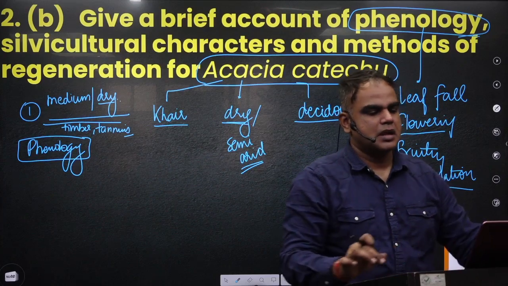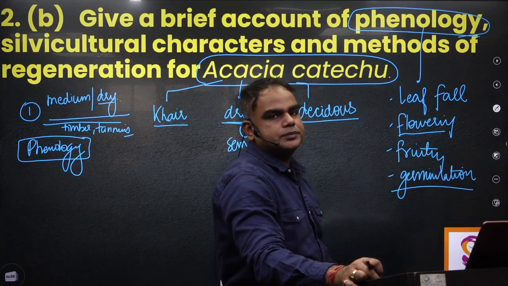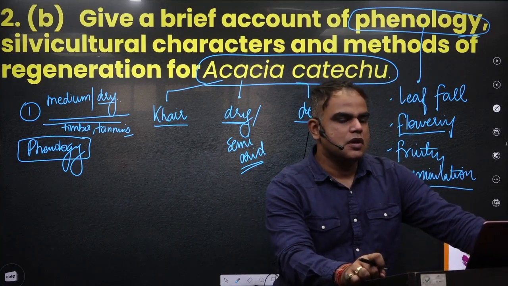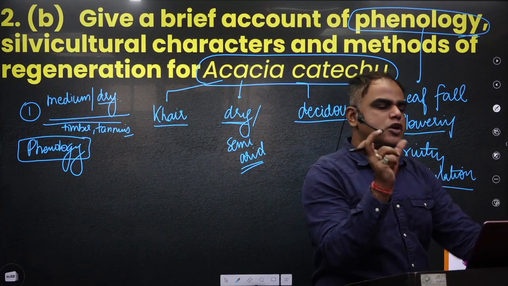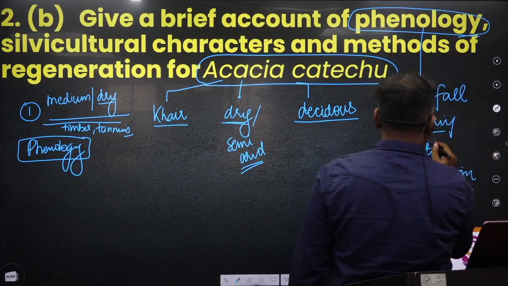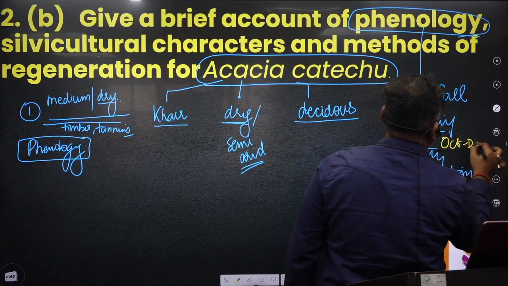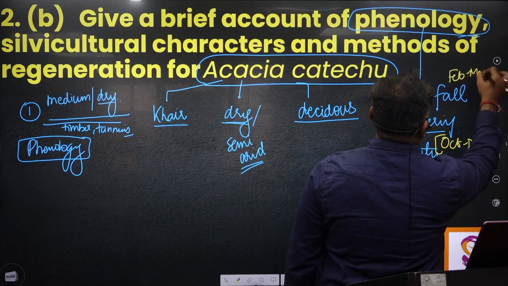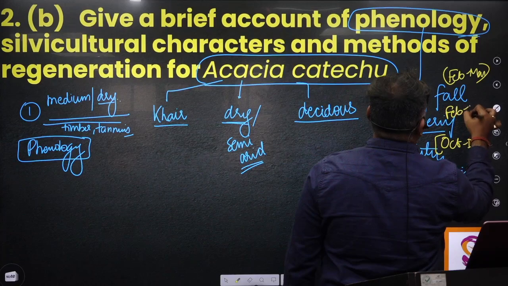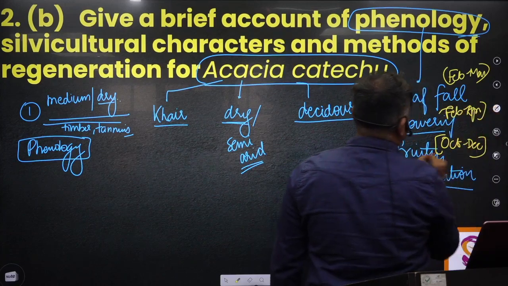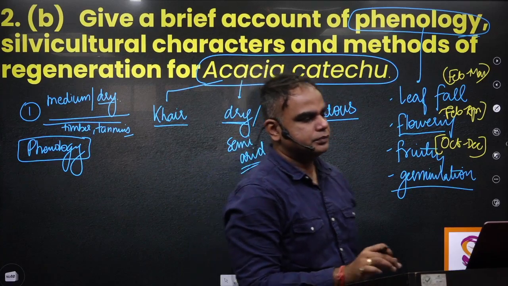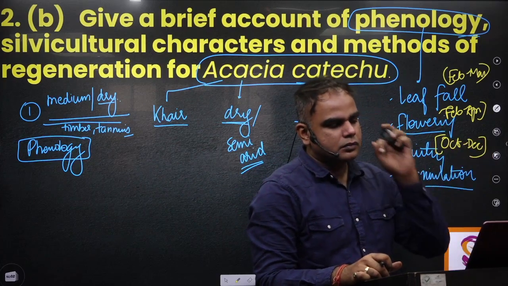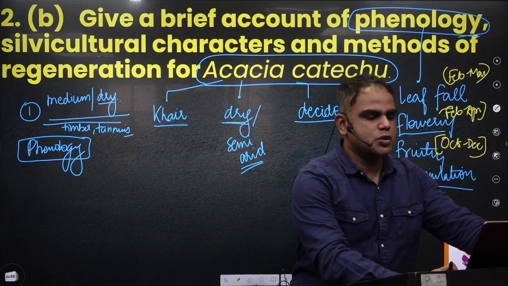Okay, so two things we have seen: when the leaf falls, and when the flowering happens. Third thing is fruiting. For fruiting, the time is from October to December. Here what we have seen, from Feb to March, this is from Feb to April, and fruiting is from October to December.